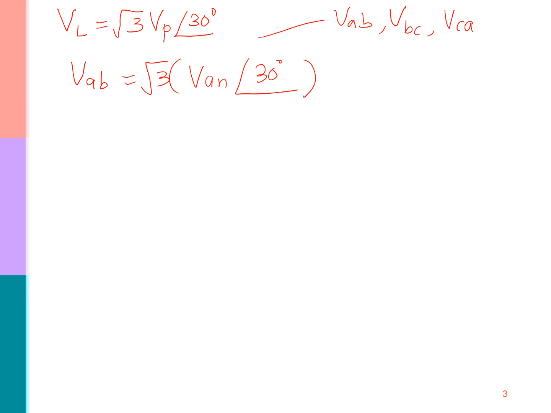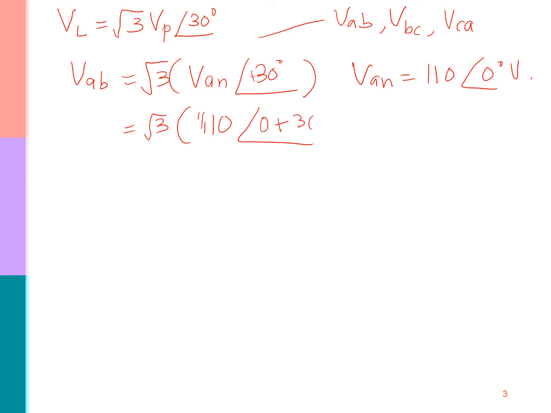Since VAN has a 0 degree angle, you plus the 30 degree. So VAB is square root 3 times 110, and you will get 190.526 with angle 30 degree.